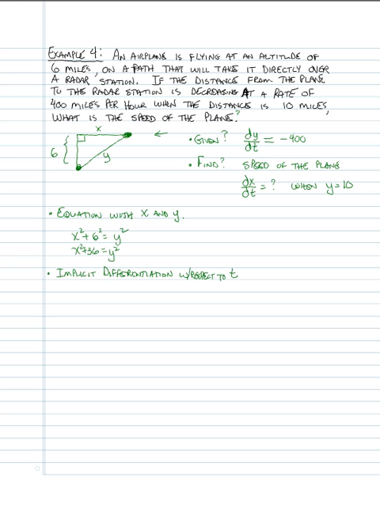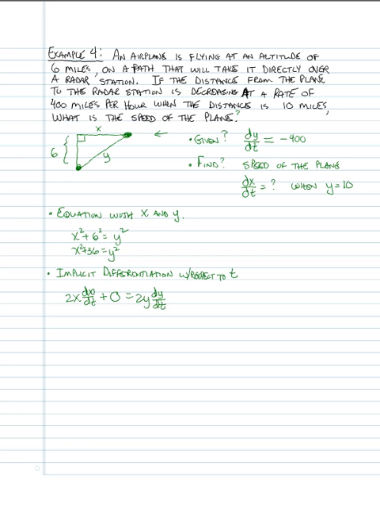So when we take the derivative of x squared, we get 2x times the derivative of x with respect to t. When we take the derivative of 36, which is a constant, we just get 0. And when we take the derivative of y squared with respect to t, we'll get 2y times the derivative of y with respect to t.